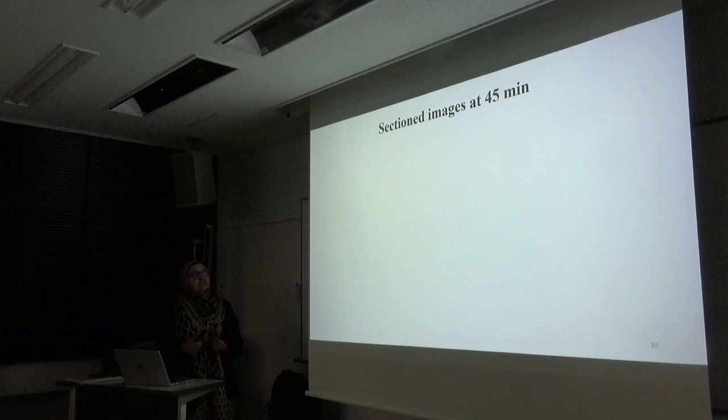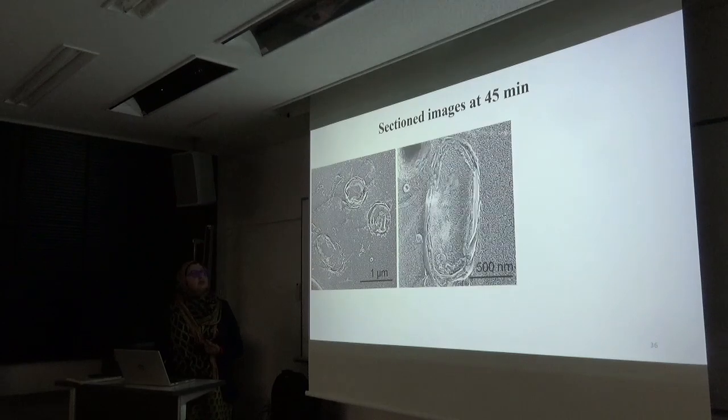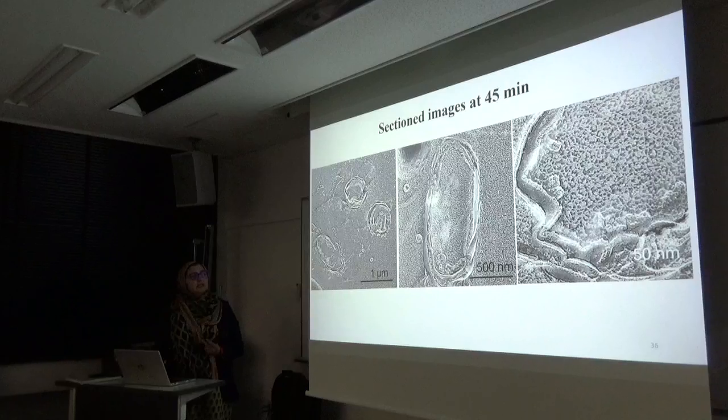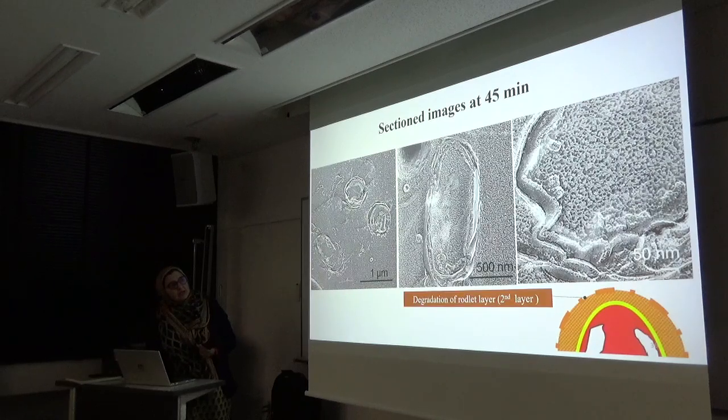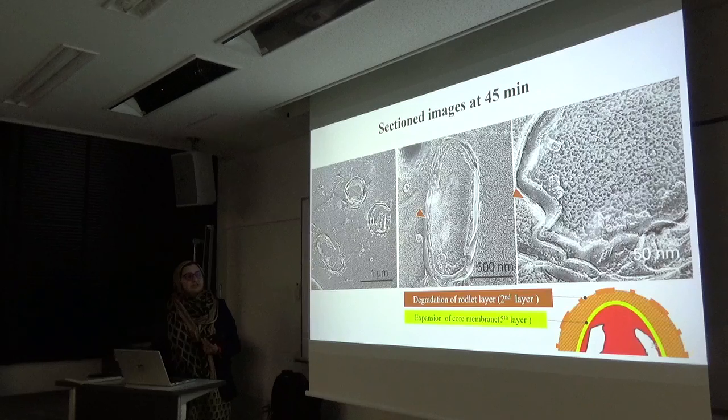Next, I visualize the section images of the spore at 45 minutes. This is the field image of section spores, germinating spores, and this is the magnified image of the germinating spore. When we see the magnified image, we could see some clear structures. For example, we could see the degrading rodlet layer, which is indicated with a brown triangle. Then we could see the expansion of the core membrane.